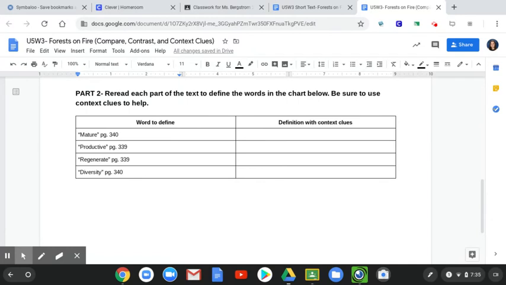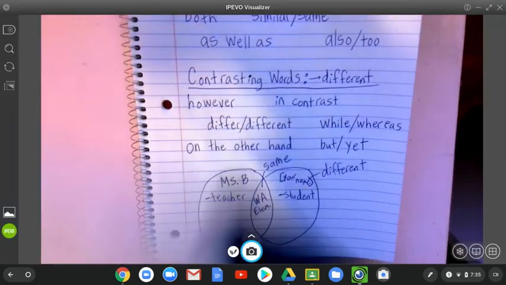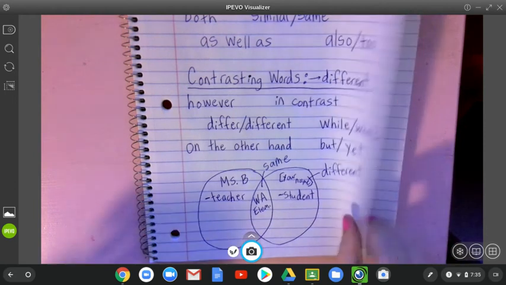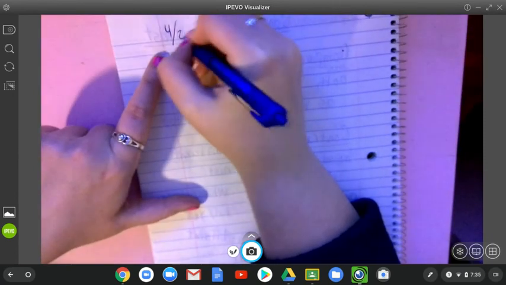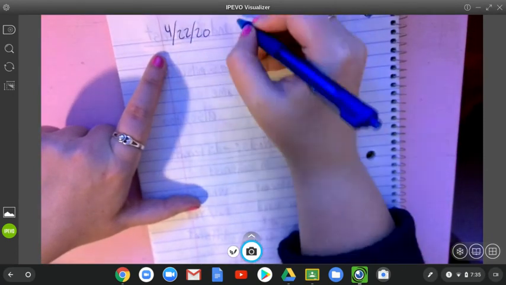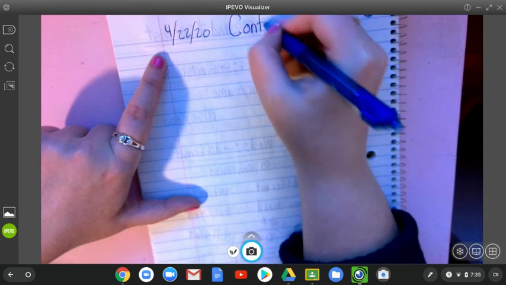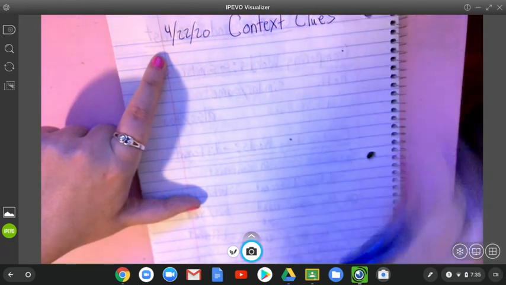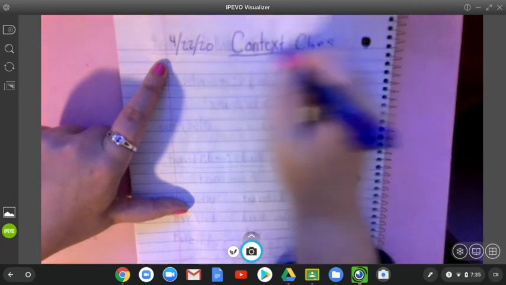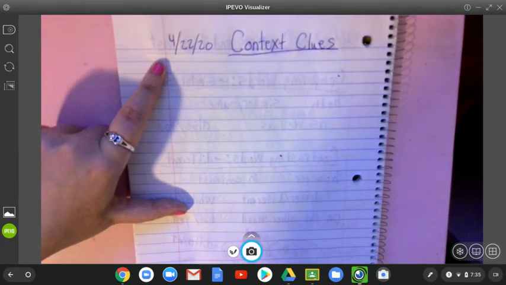So what we're going to do is take some notes on context clues. So I'm going to flip my camera back here to my note page, and I'm going to turn in my journal to my next blank page. We'll still have the same date here. And we're going to review context clues. Let me straighten that out for you. Awesome.